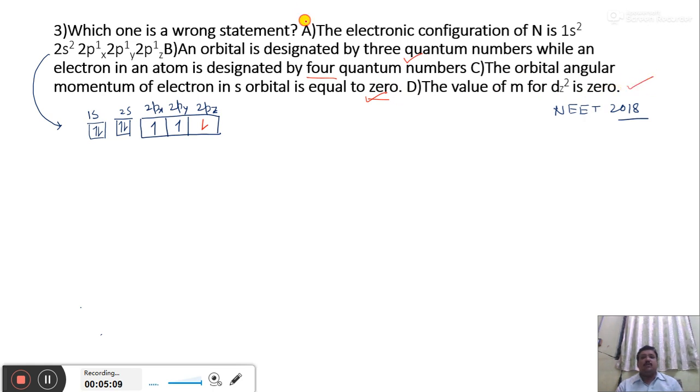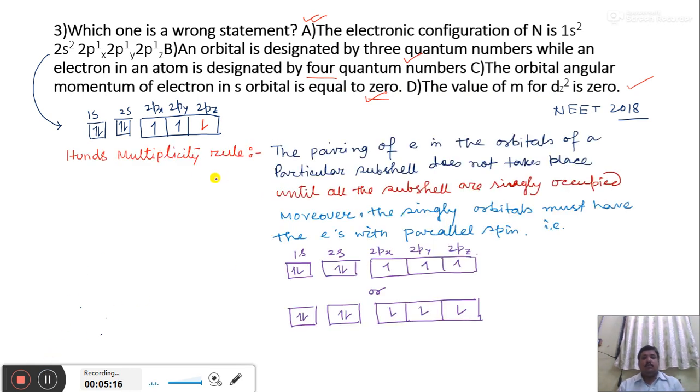Now option A is the wrong statement because according to Hund's multiplicity rule, the pairing of electrons in the orbitals of a particular subshell does not take place until all the orbitals are singly occupied. Moreover, singly occupied orbitals must have electrons with parallel spin.